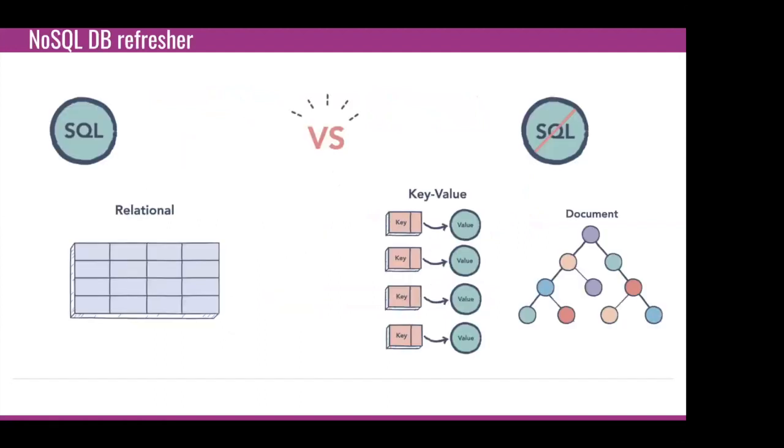So first of all, SQL databases describe a relationship between entities using tables. And we have a predefined schema for that. Also, we use the structured query language to build a query to actually retrieve the data.